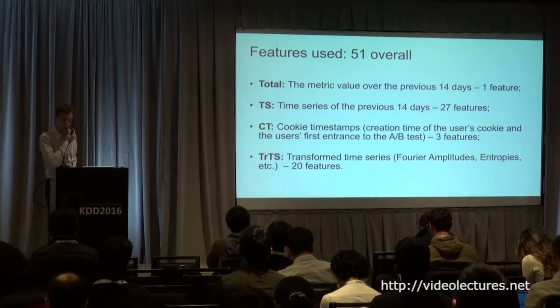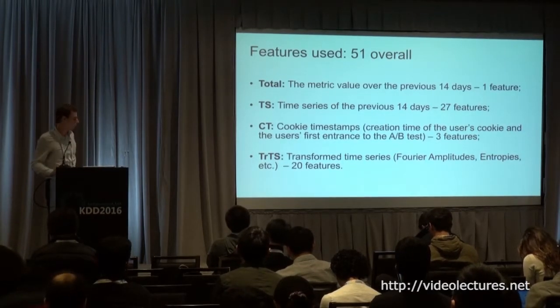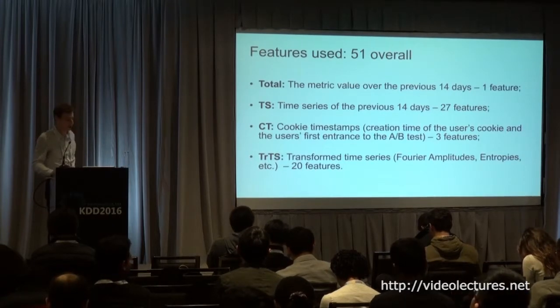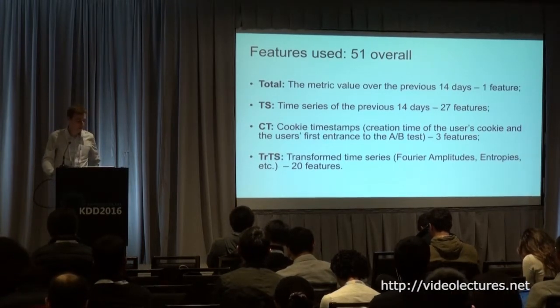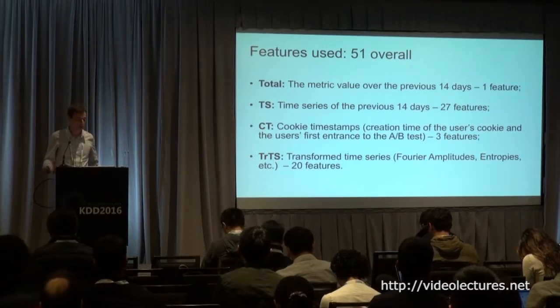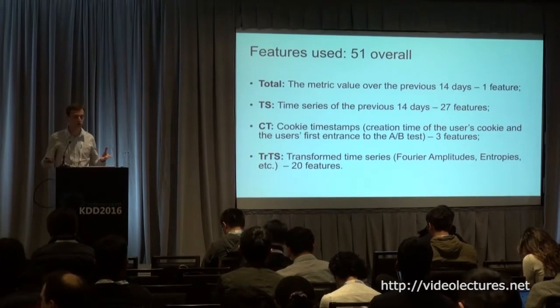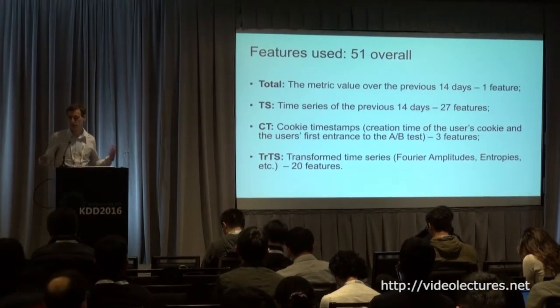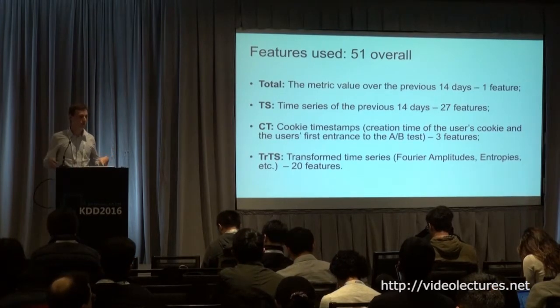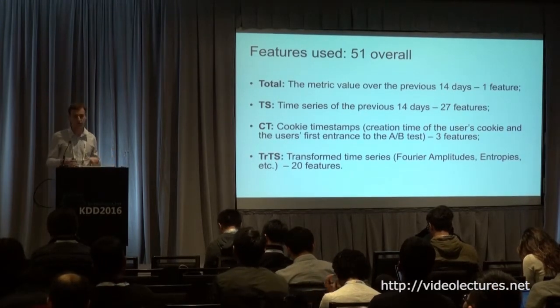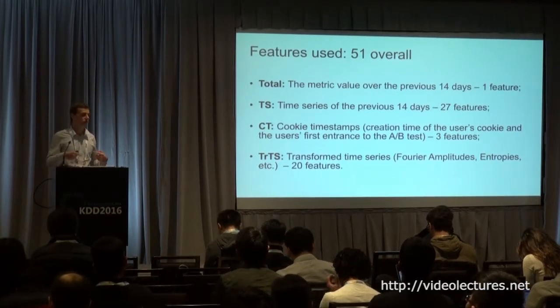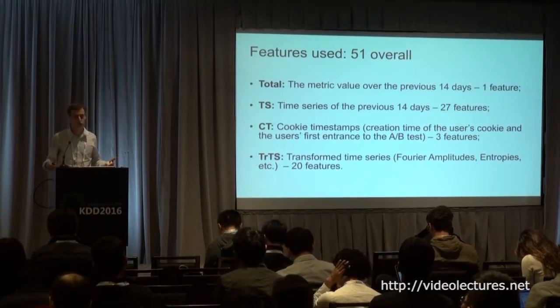In our prediction, we used the following 51 features. The first feature is our main feature. It is the metric value over 14 days before the A/B experiment. If we consider the number of sessions of a user and we have an A/B experiment, we take 14 days before this experiment and calculate the number of sessions for each user during this previous period.